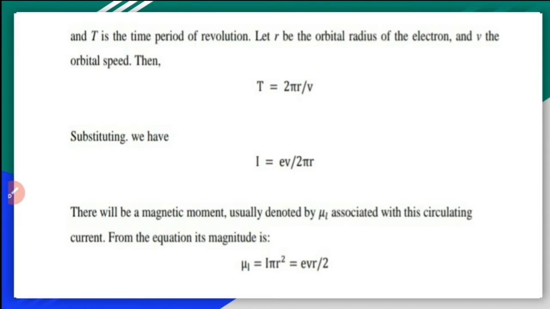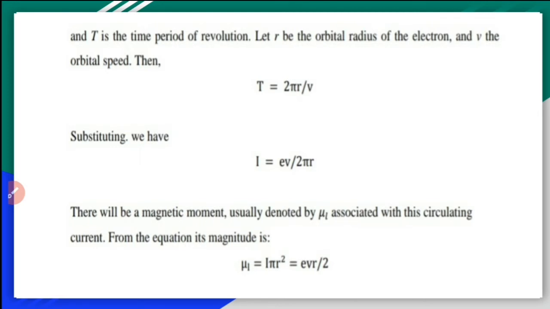In one revolution, the total distance travelled by the electron is 2 pi r, that is the perimeter of that orbit, where r is the radius of the orbit, divided by v. v is that constant speed with which the electron is revolving around the nucleus. So we have T is equal to 2 pi r by v.